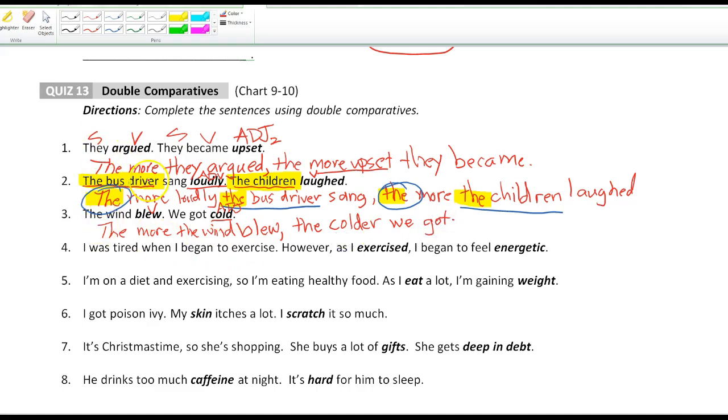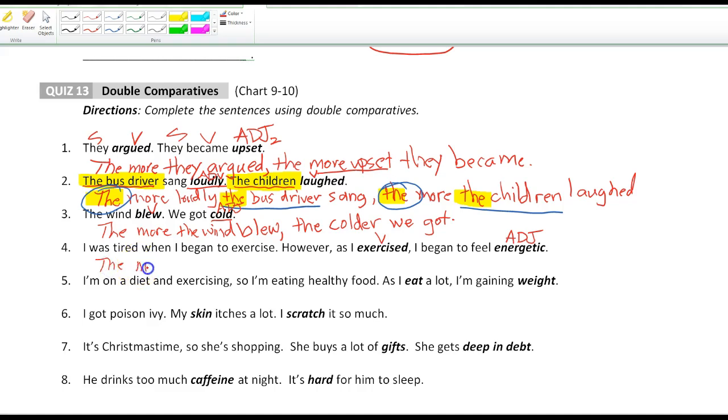Okay. And then, I was tired when I began to exercise. However, as I exercised, verb, I began to feel energetic. Adjective. Okay, so verb is going to be the easy one.